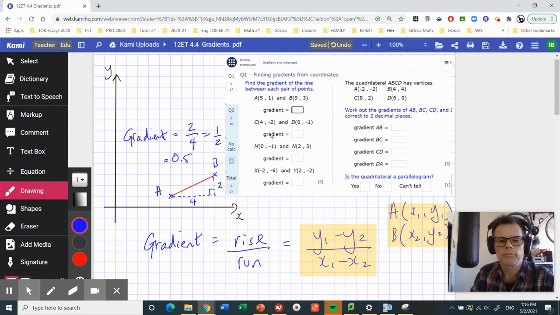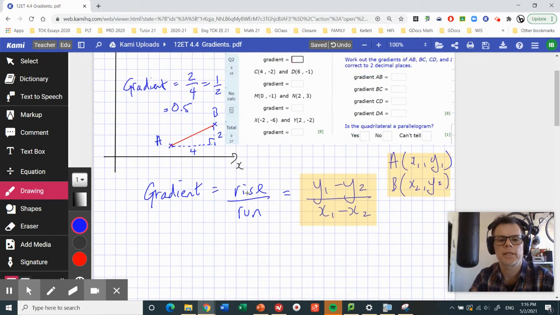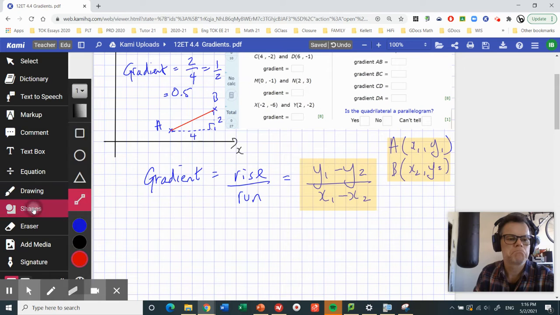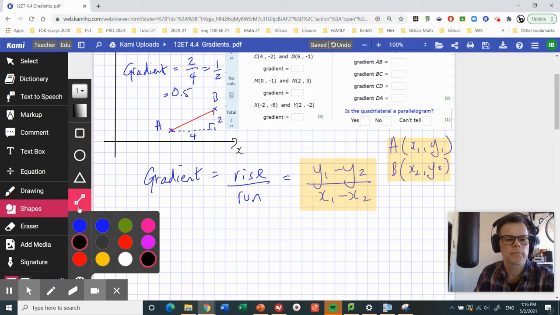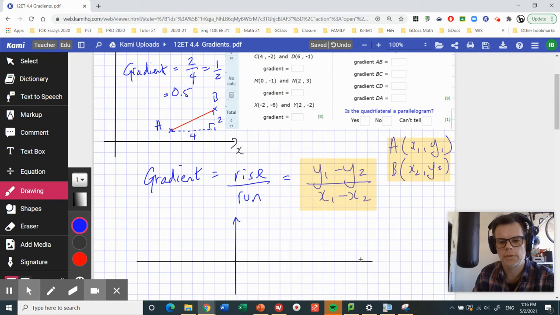These are a bit more difficult, but you could still draw them if you wanted to. C is 4, -2 and D is 6, -1. What would they look like? Similar thing: draw a pair of axes, x and y. C is at 4, -2.